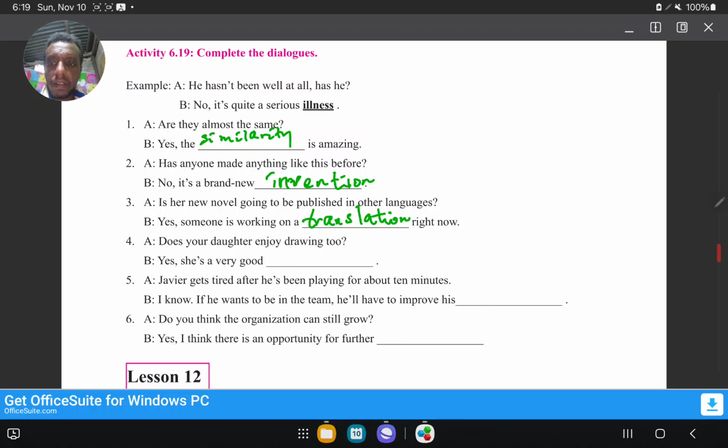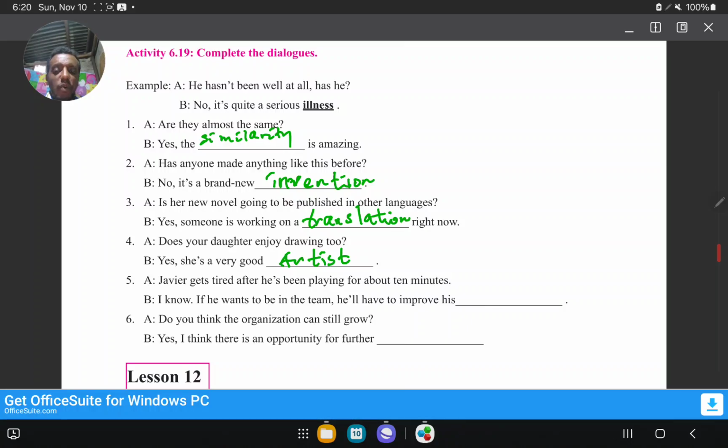Another one is question number 4. Does your daughter enjoy drawing too? Yes, she is a very good drawing አይደለ ስዕል ስራ ነው ምን ተብሎ ይጠራል ብለናል like እንዳየነው so a very good artist. Nice students. Number 5. Javier gets tired after he has been playing for about 10 minutes.